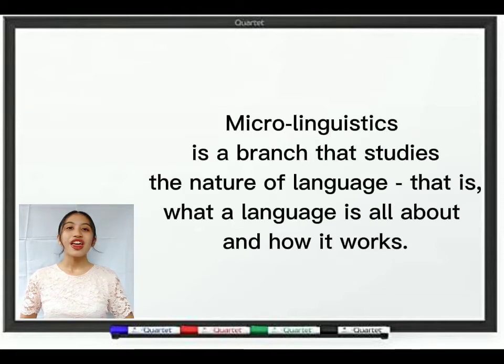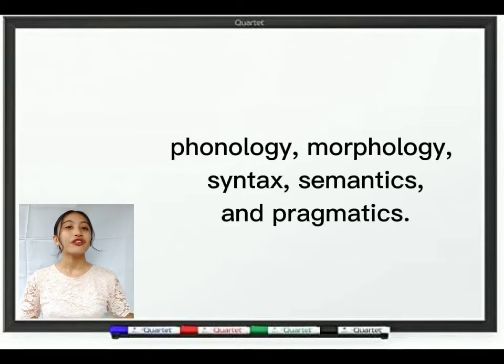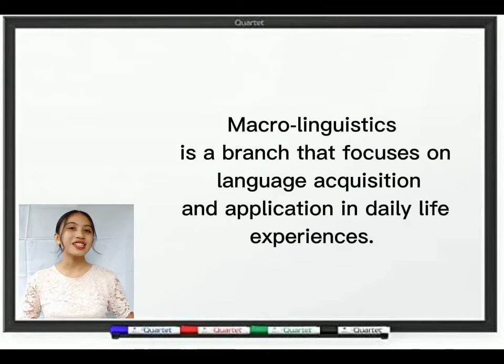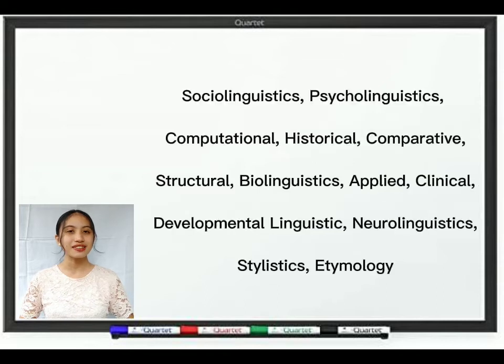Microlinguistics is a branch that studies the nature of language, that is, what a language is all about and how it works. Under this branch are namely phonology, morphology, syntax, semantics, and pragmatics. Macrolinguistics is a branch that focuses on language acquisition and application in daily life experiences.